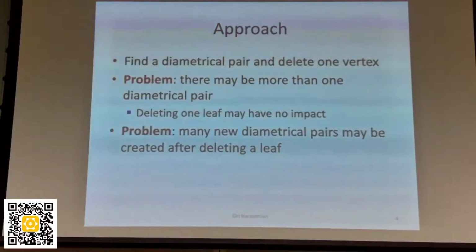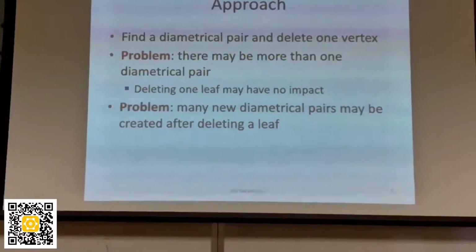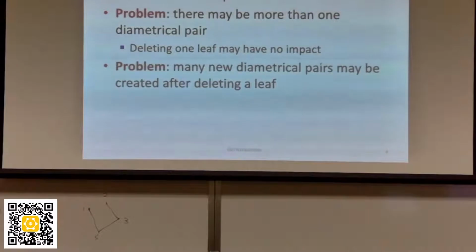Let's say that initially I had only one diametrical pair. Now I remove a vertex, a leaf. Can I suddenly have two? Yes, you can have that one itself and another one, one less. Can you imagine the tree? Sort of. Okay, good.